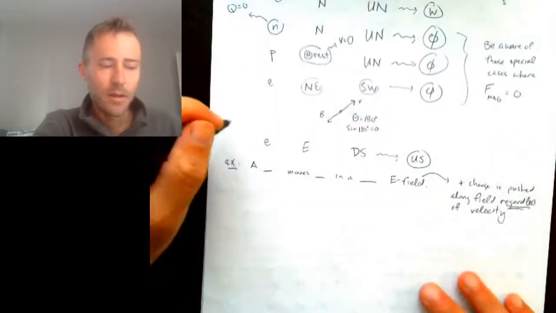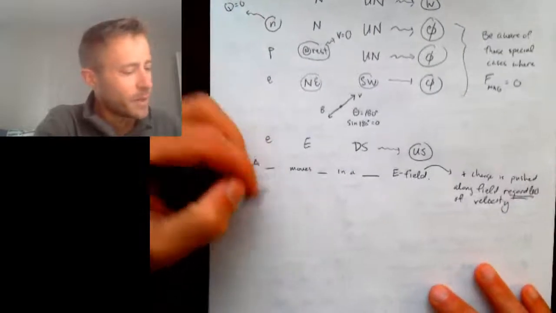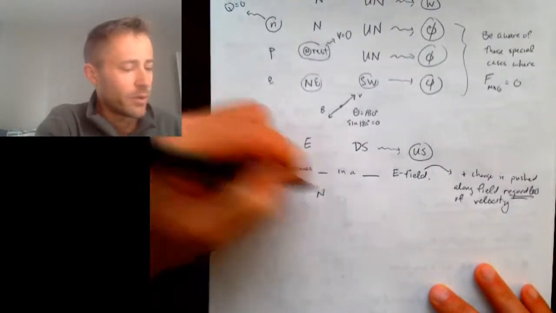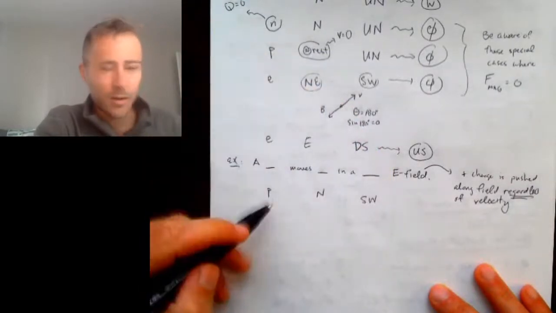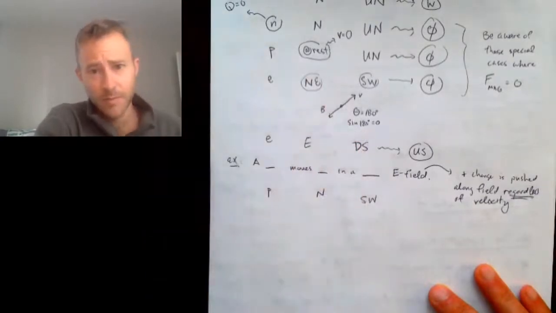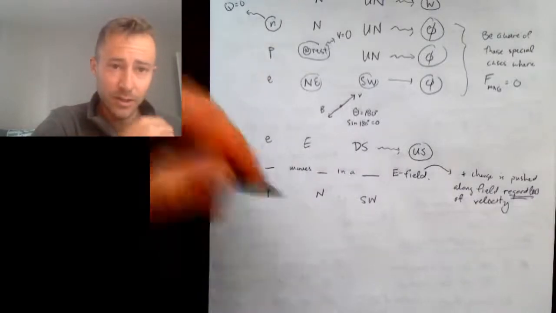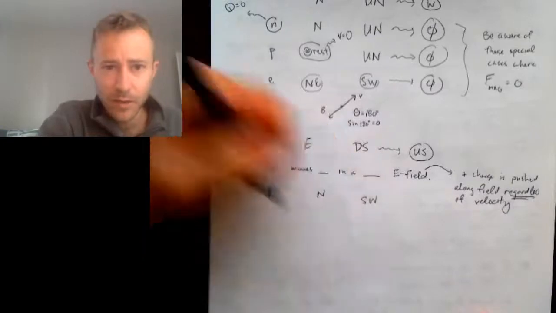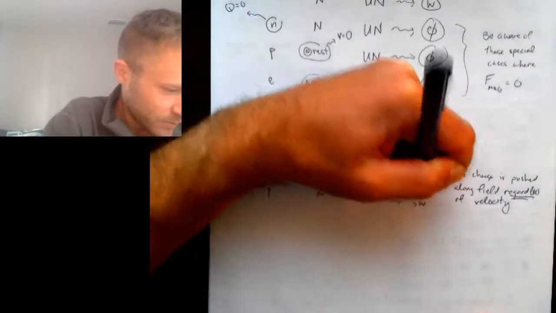So for example, if a proton moves north in a southwest electric field, a proton is a positive charge and the electric field is southwest. Regardless of the direction that the proton is actually headed in, it's going to get pushed and turn in the southwest direction. So the direction of the force is southwest.